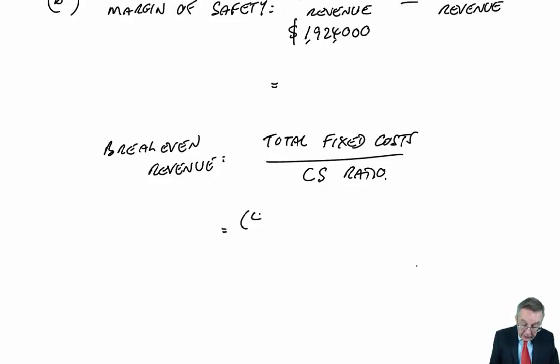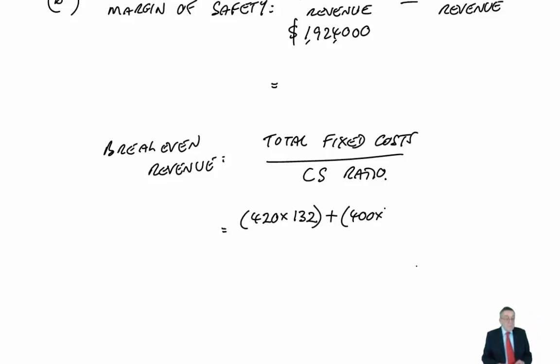for T, there are 420 units. The fixed cost per unit will be 60% of the labour of 220, which is 132. In addition, for C, there are 400 units. Labour's 240 a unit, but 60% is fixed.